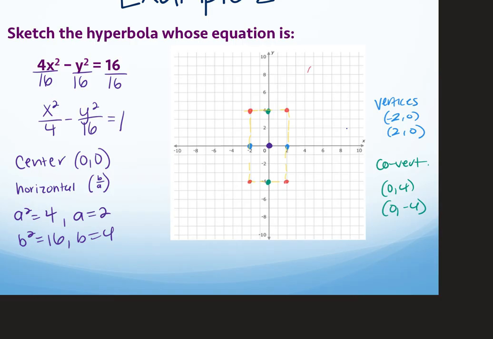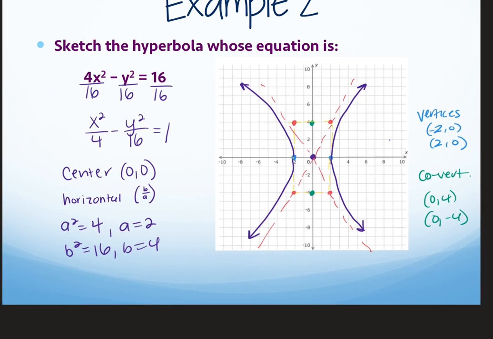And I'm going to draw dashed lines, because that's what asymptotes look like, through the corners of that box. And then we said this is horizontal, so my branches are going to point to the left and to the right, as wide as the asymptotes.